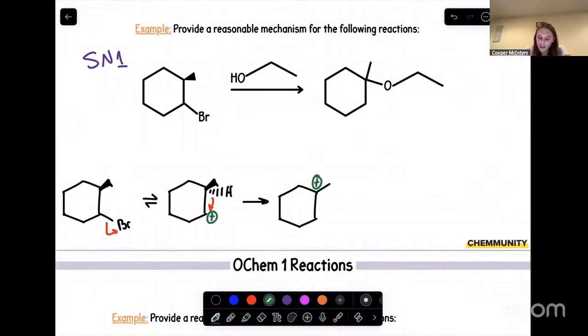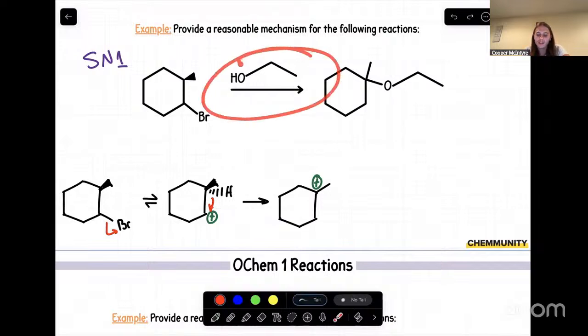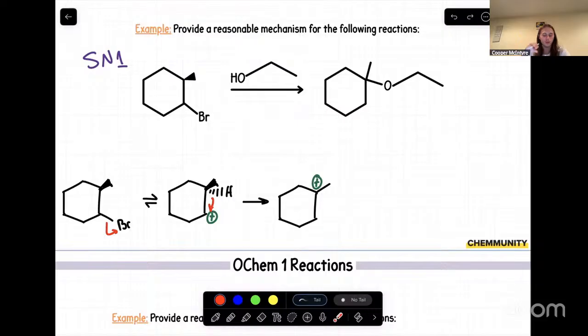So now that we have a carbocation, we also have to keep in mind that we still have our solvent kind of floating around in solution. So since our solvent is still floating around, we'll go ahead and include that. And we can't forget that oxygen, it has those lone pairs. And since this is a weak nucleophile with those lone pairs, it will go through and attack that carbocation.